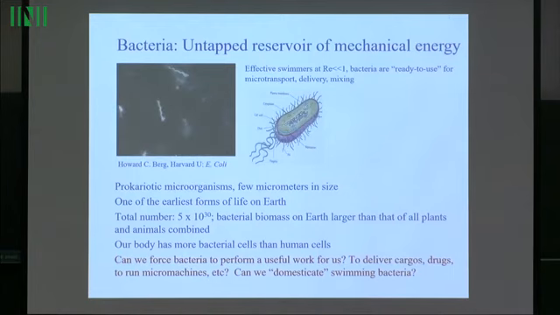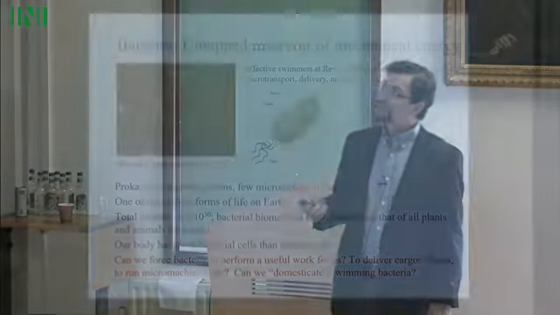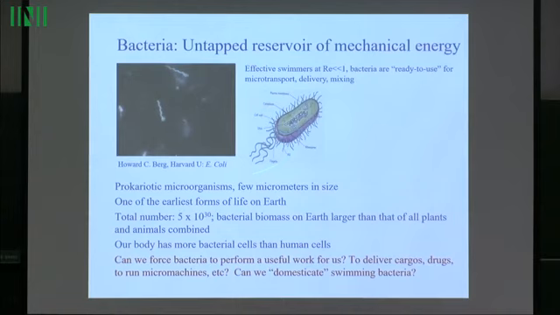Typically it's along the gradient of nutrients in the system. The body has very sensitive sensors that even at this very short length scale can measure the gradient of the chemicals around it and move the bacteria towards the source of the nutrients.